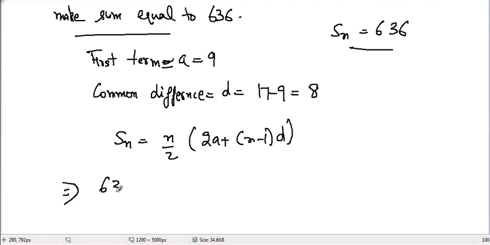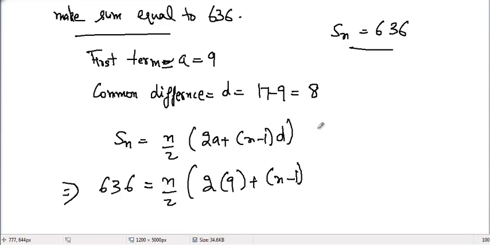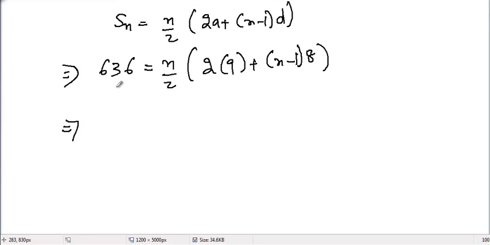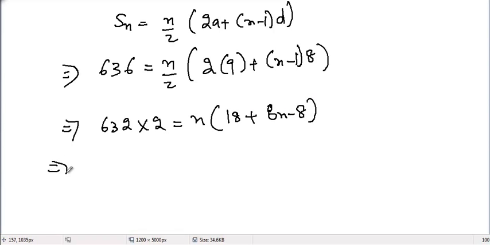So we have here 636 equal to n divided by 2 times (2 times a, where the value of a is 9 and the value of d is 8 here). So 636 times 2 is equal to n times (9 times 2 is 18 plus 8n minus 8). 636 times 2 is 1272, and I can multiply this n with 18 to get 18n plus 8n square, because 8n times n is 8n square, minus 8n here.